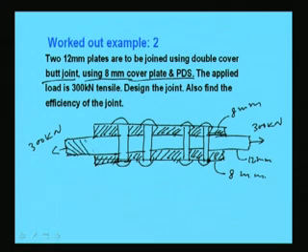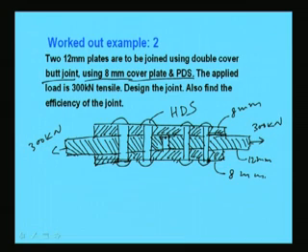Main plate is this one, this is one plate, this is another plate. So, these are HDS, hand driven shaft rivets. So, arrangement of rivets are like this.